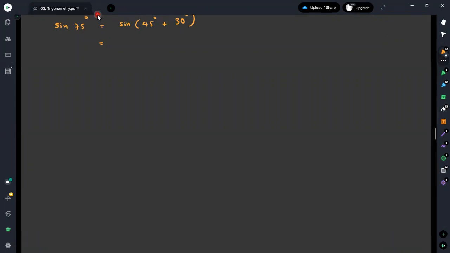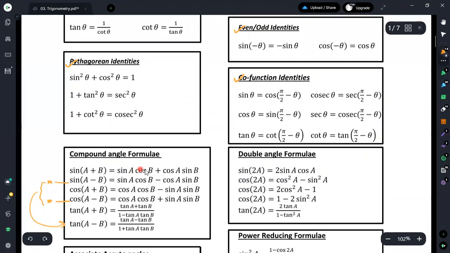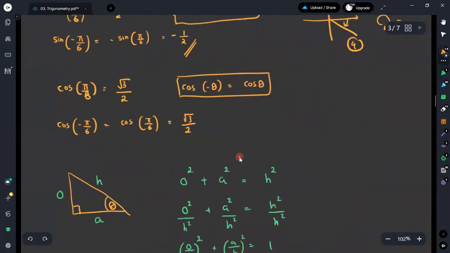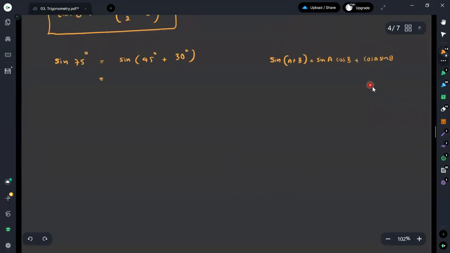If we have the addition of two angles, what we saw was sine(A plus B) is written as sine A cosine B plus cosine A sine B. This is what we have observed in the equation.